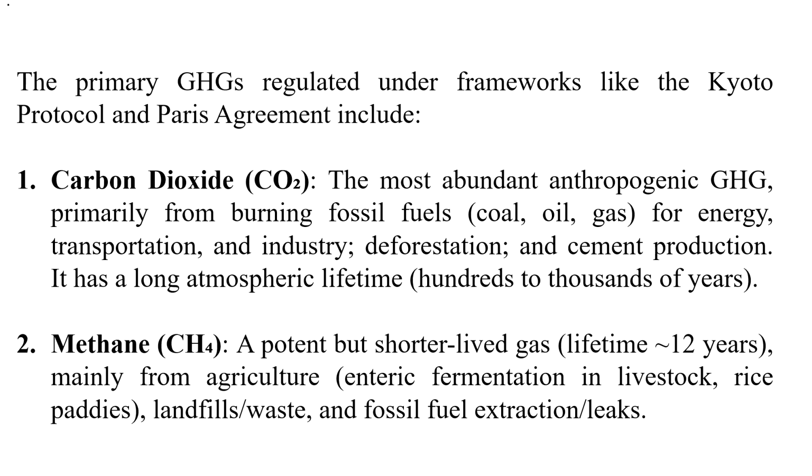Naturally occurring greenhouse gases include water vapor, carbon dioxide, and methane. These are very common, and we know them through the Kyoto Protocol framework as well as the Paris Agreement.